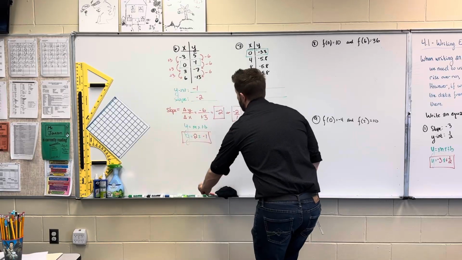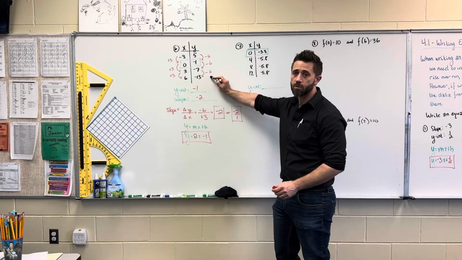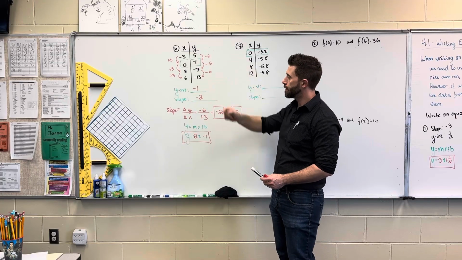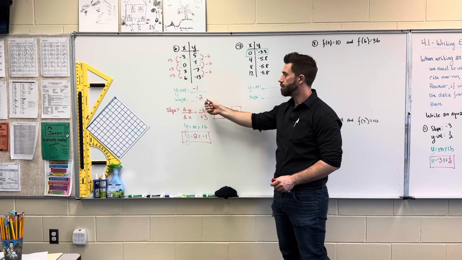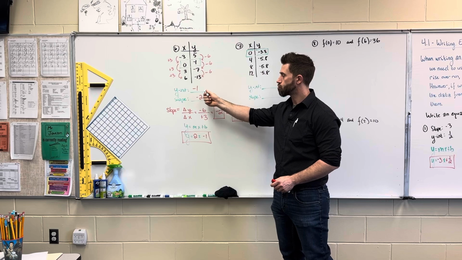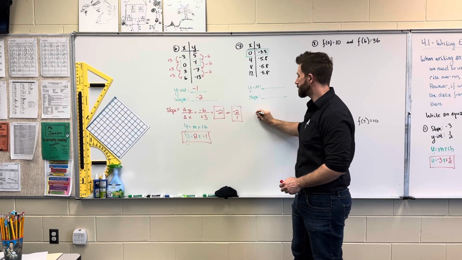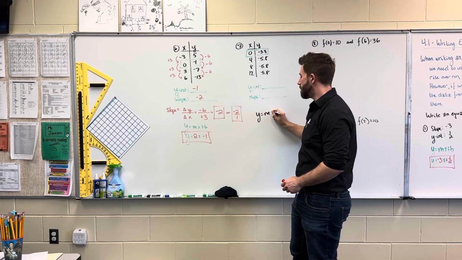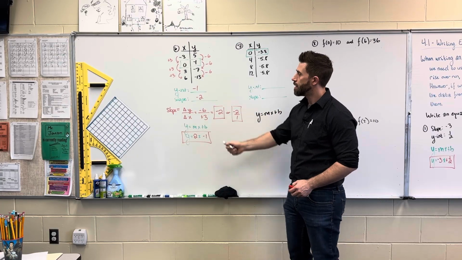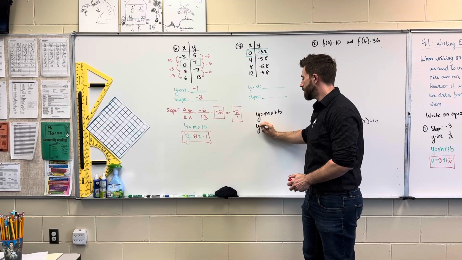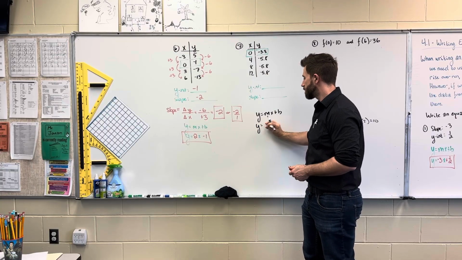If I don't have a 0, I can still find the slope. If y equals mx plus b, and I only had these bottom two, I would figure out that the slope is going to be -2.